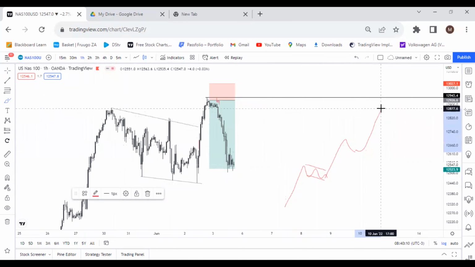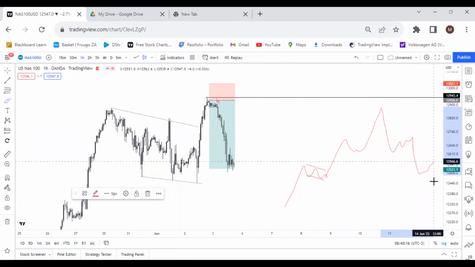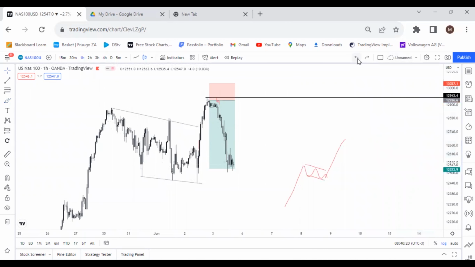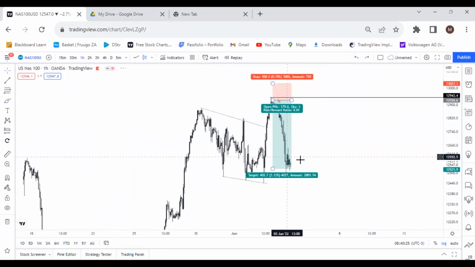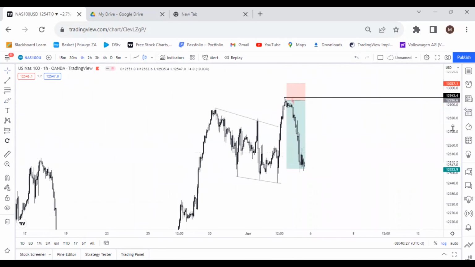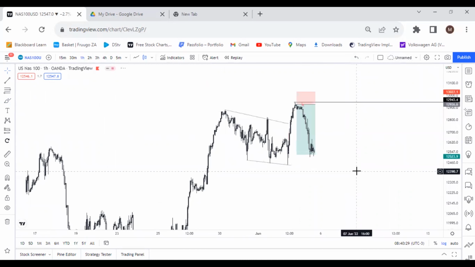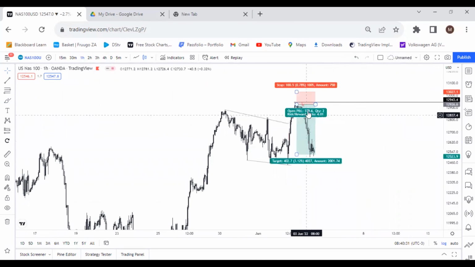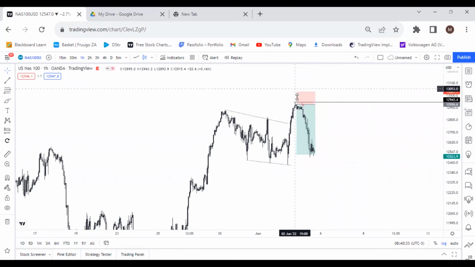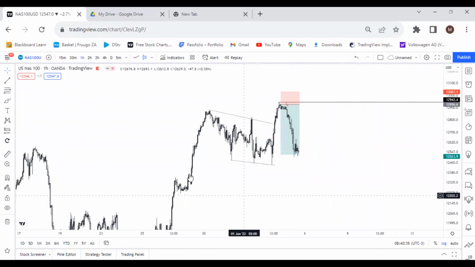The market continues either way. So you really need to trade these corrections with the trend. You can't trade against the trend, because now it reduces your chances of succeeding with this simple strategy.